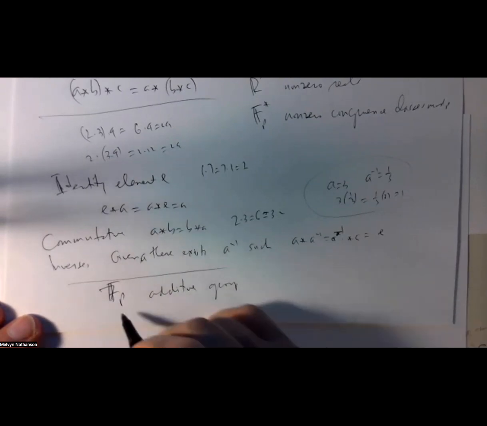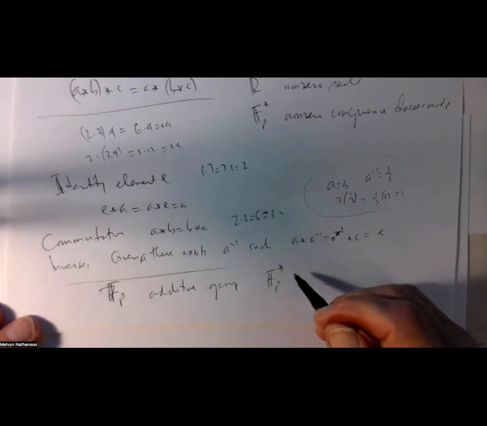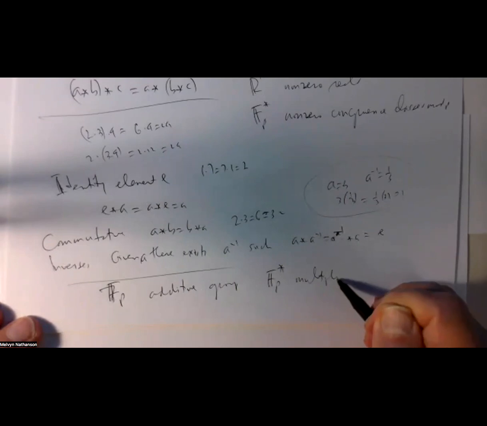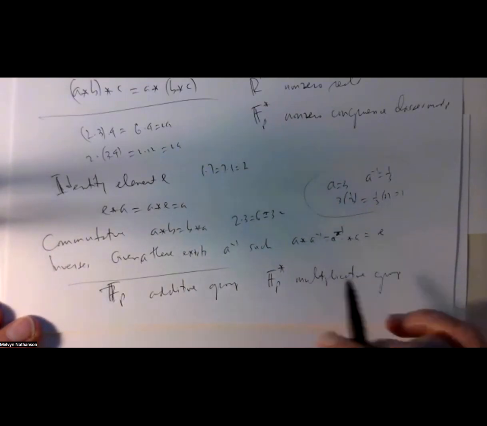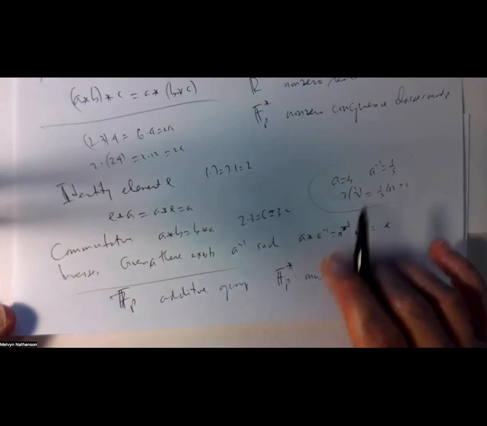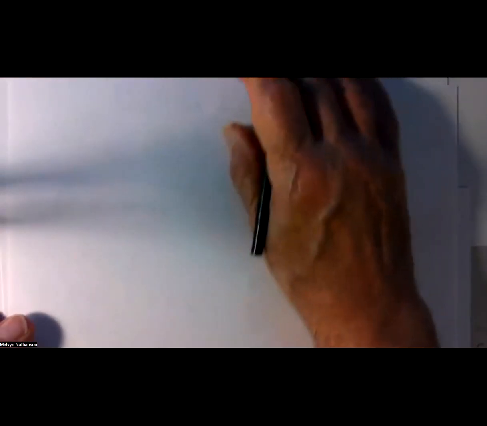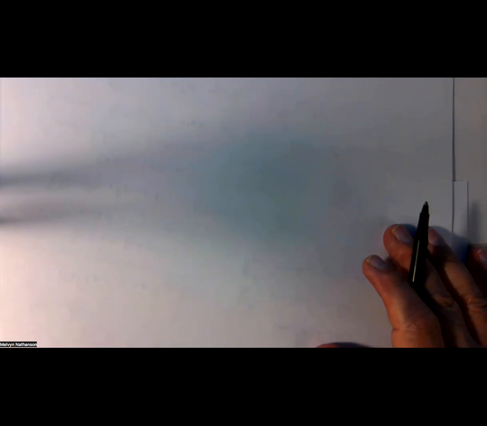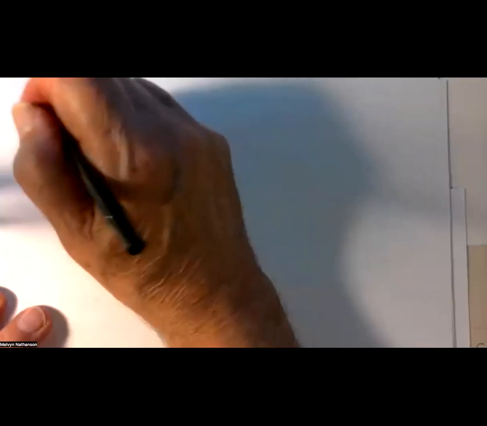F_P star, the non-zero congruence classes mod P, is a multiplicative group if P is a prime. So there are lots of examples of groups.